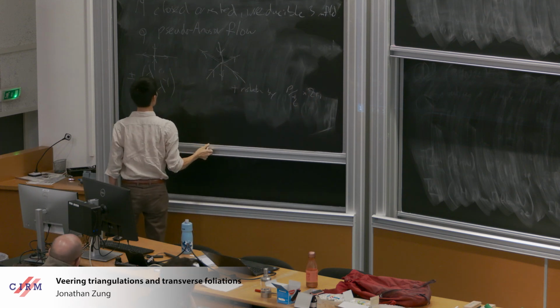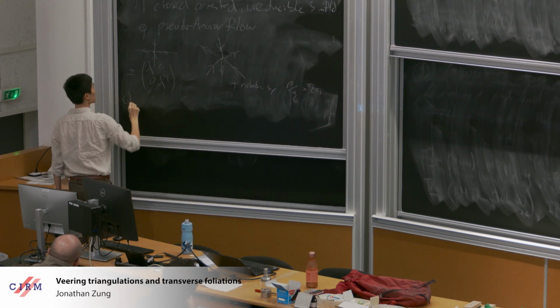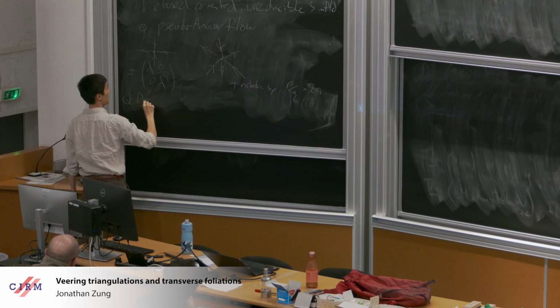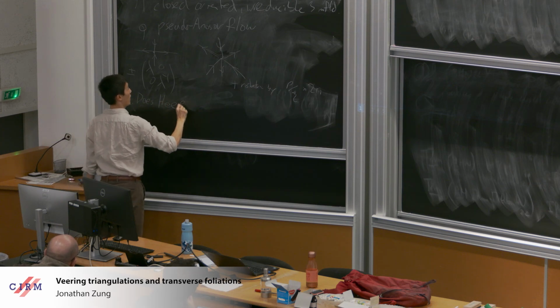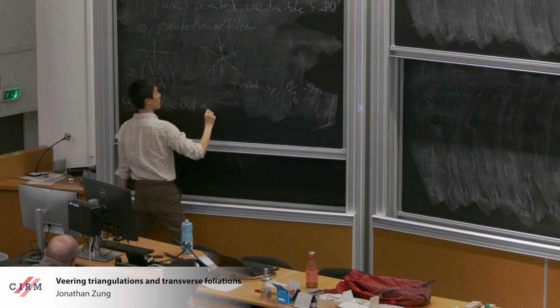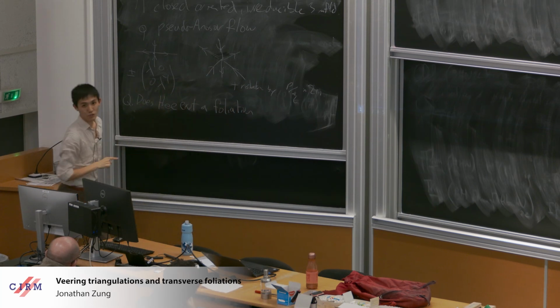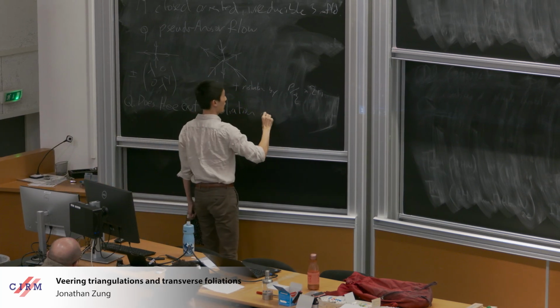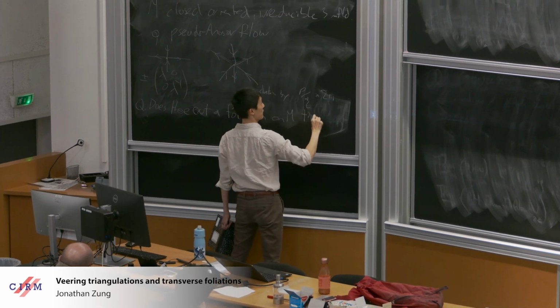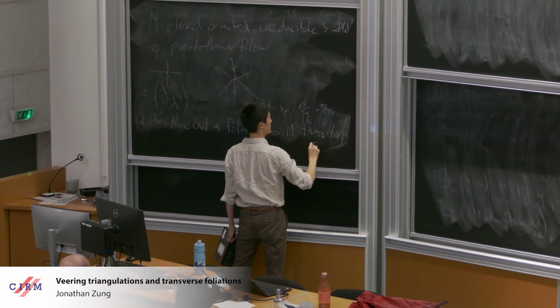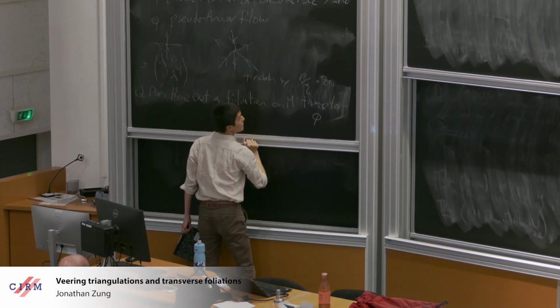Okay. So the question I want to ask today is, does there exist a foliation? By this I mean a codimension 1 foliation on M transverse to phi.